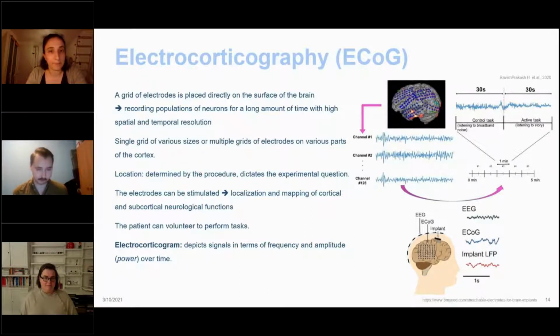And yeah, same data as EEG. Another thing I should mention is that electrodes can sometimes be stimulated and alter brain activity, which makes these very powerful.